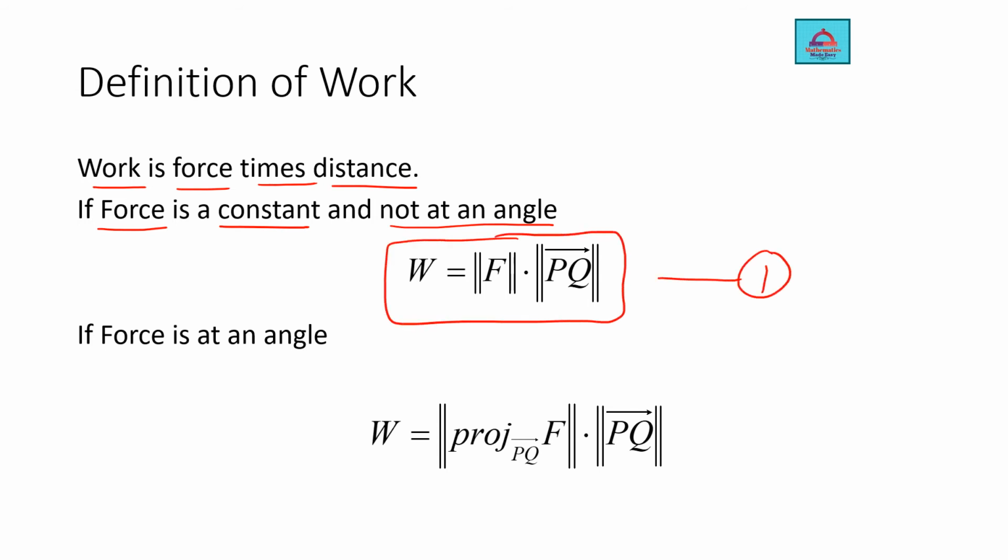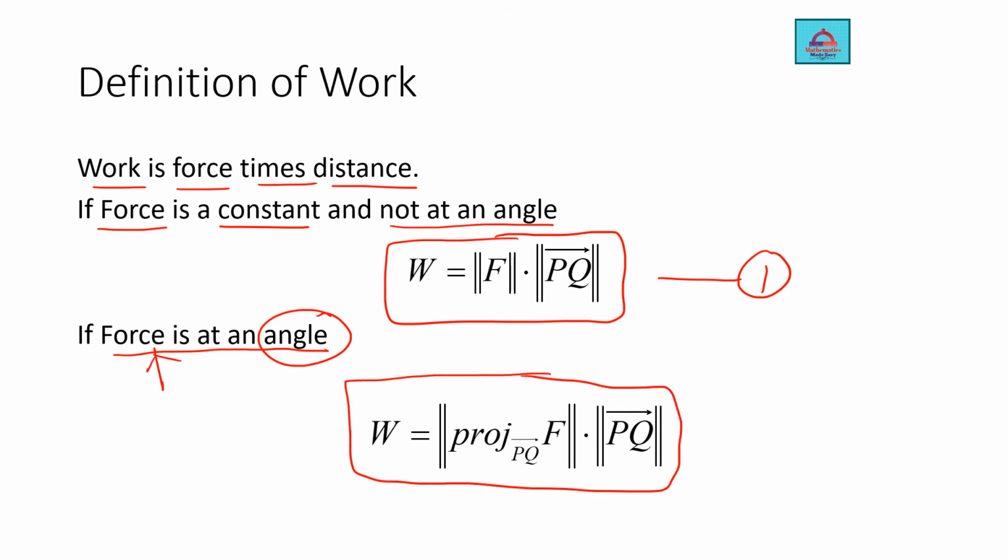However, if you have something like the previous slide where the horse was pulling at an angle, that means the force was at an angle. In that case, you can use the concept of projection to find the work. So the formula will change in this manner: work done when the force is at an angle is equal to the magnitude of the projection of the force along the displacement vector, multiplied with the displacement. So the second formula will apply.